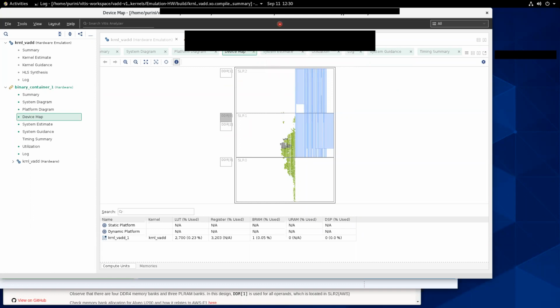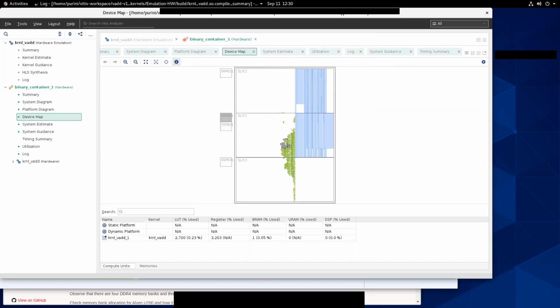Depending on the platform and the board that you use, a fair amount of space on the mid SLR is taken up by the DDR controllers, because it's helpful to have that logic in the middle of the chip. Logic at both ends may want to communicate.